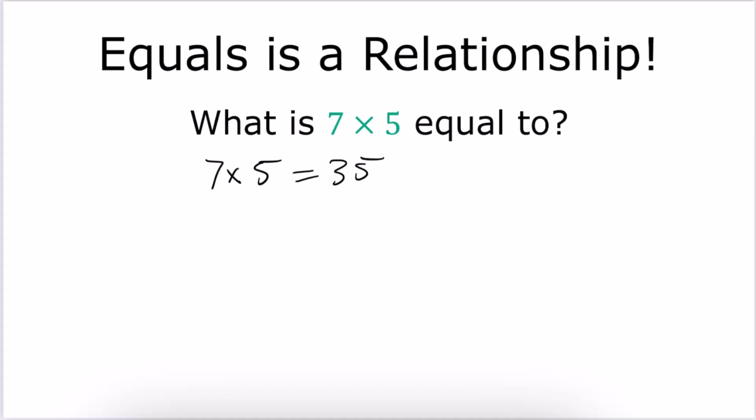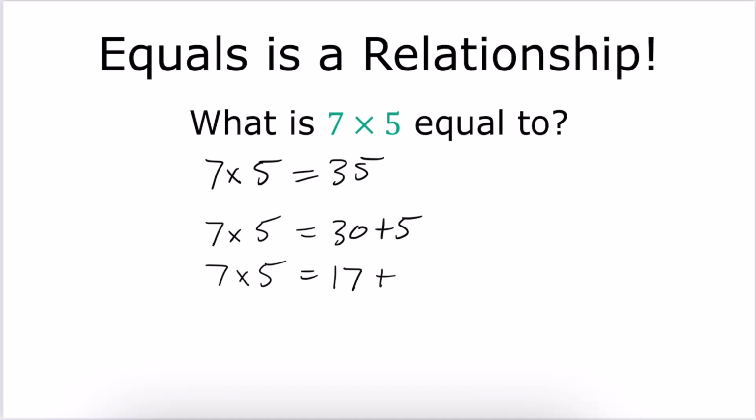So, for example, you could say, how many ways could you write 7 times 5 is equal to something? Because obviously you can say 7 times 5 equals 35, but you could also say 7 times 5 equals 30 plus 5. Or you could say 7 times 5 equals 17 plus whatever it takes to get to 35.